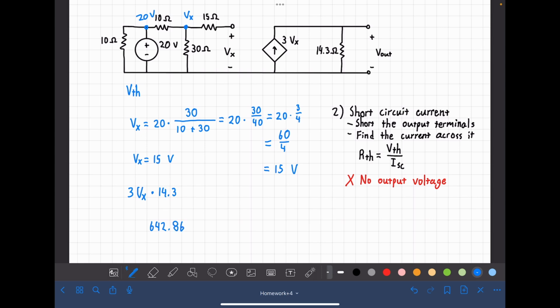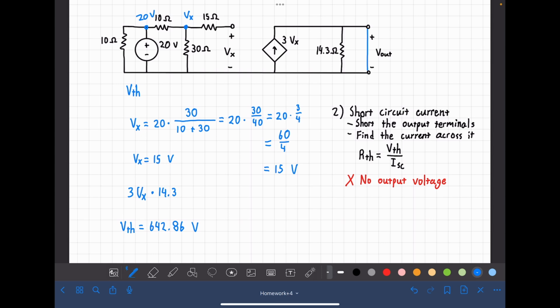So this is quite the amplifier here, and that is volts, or V Thevenin. So now we want to find the Thevenin resistance by shorting our output and then finding the current through it.